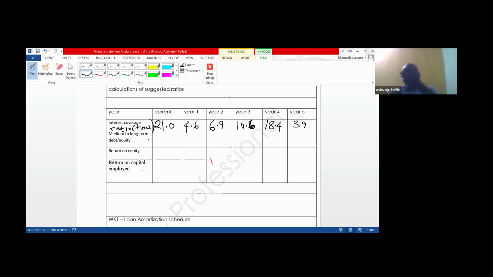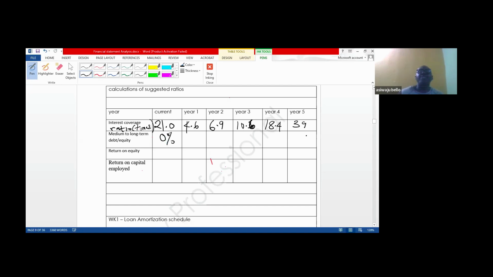All right. Second ratio, medium to long term debt divided by equity. For year 0, we don't have long-term debt.